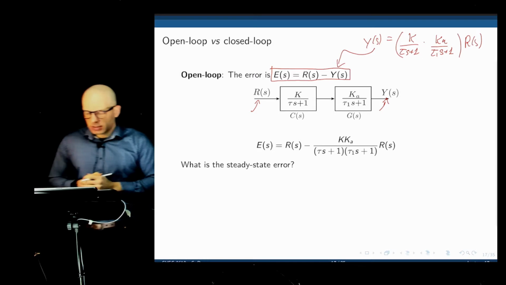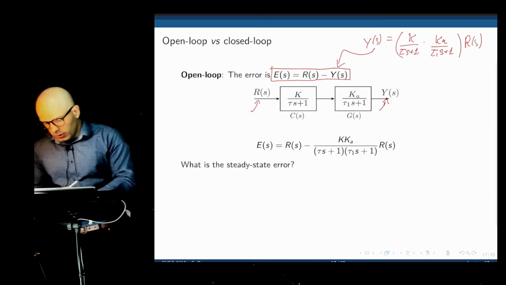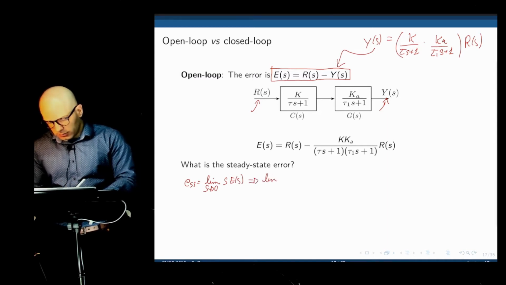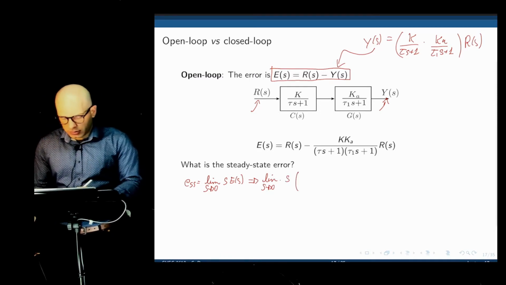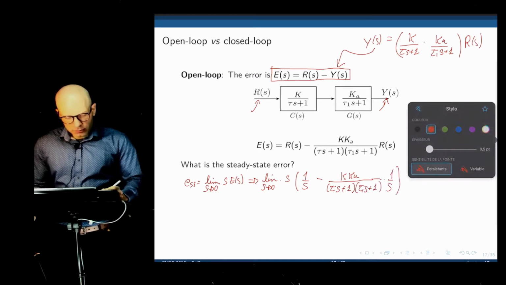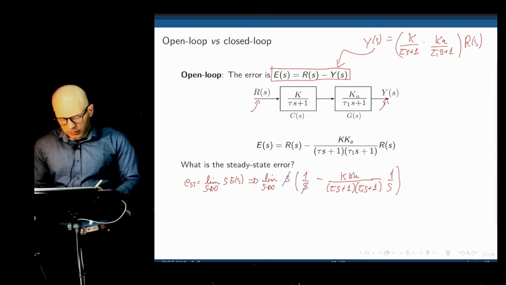And now let's calculate the steady state error for a step input. So the steady state error would be the limit when S tends to 0 of S times the error itself, which is the limit when S tends to 0 of S times R of S, which for a step input is 1 over S, minus K K_A over tau S plus 1 times tau 1 S plus 1 times R of S, 1 over S. So these ones will cancel out.